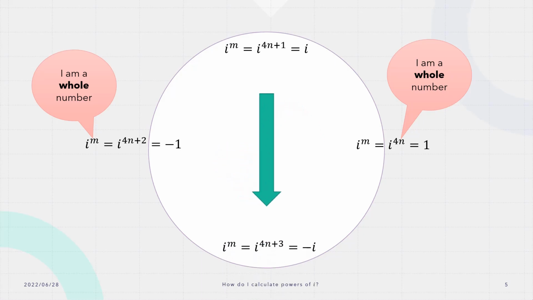And finally, i to the power of m is negative i if m has the form 4n plus 3. And we just complete this by going in circles.